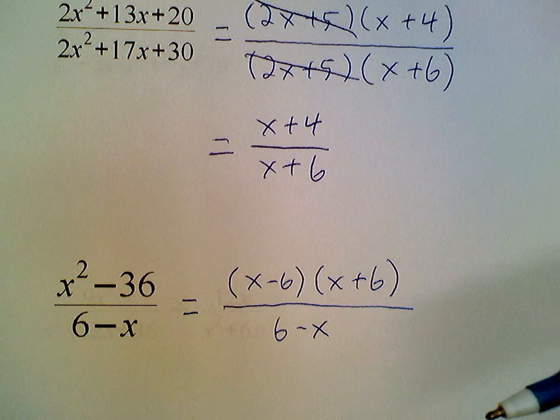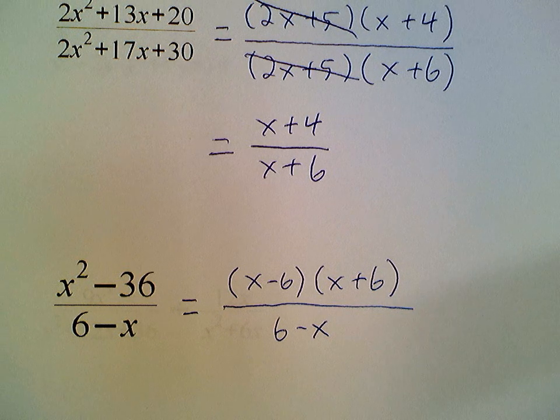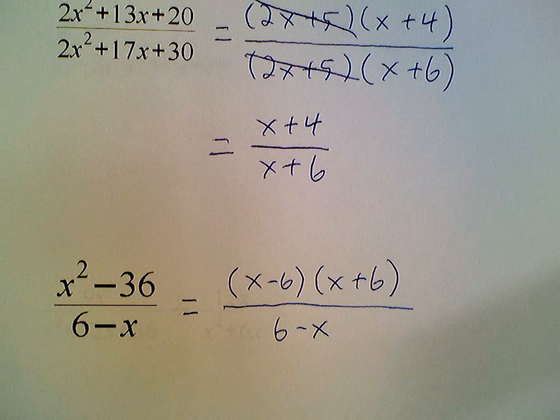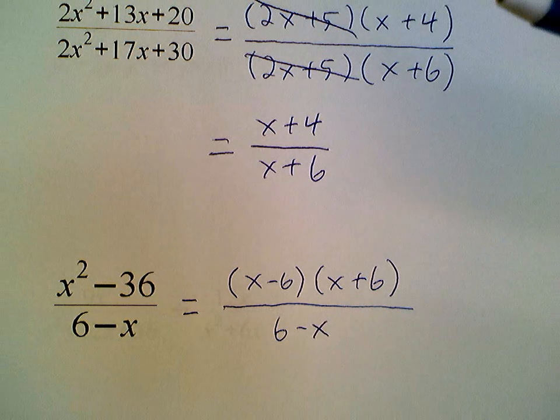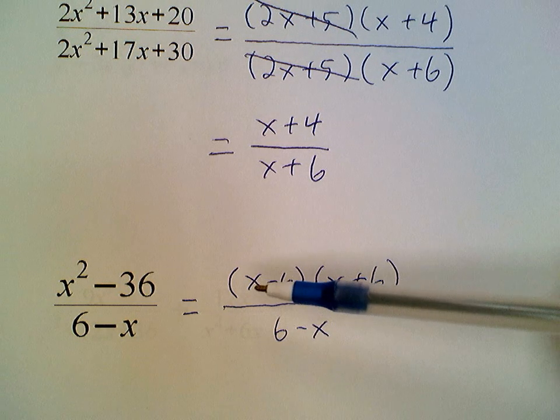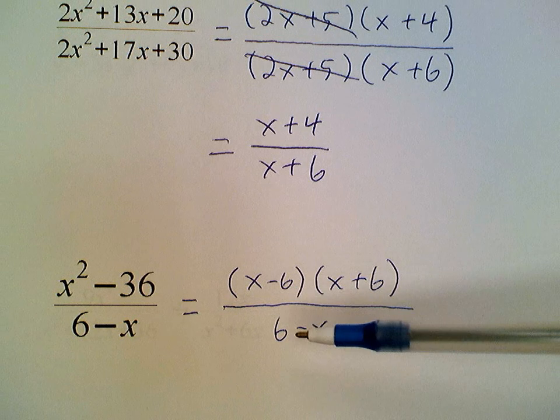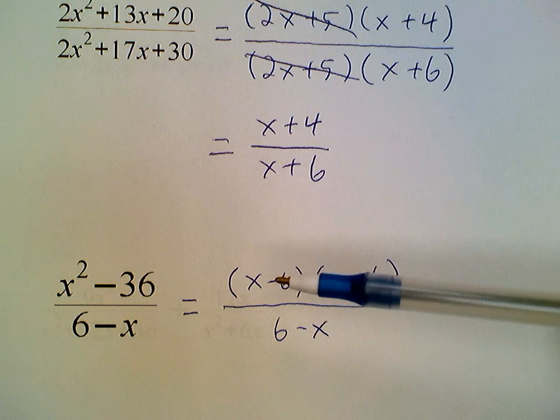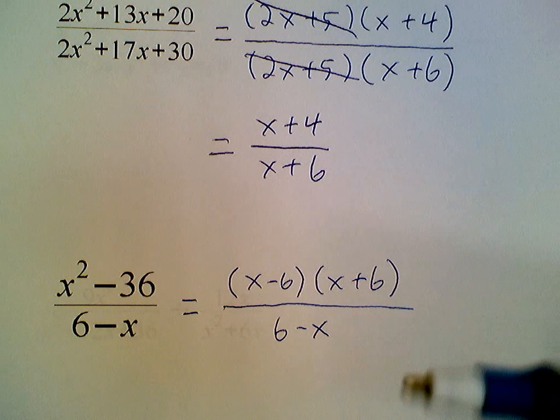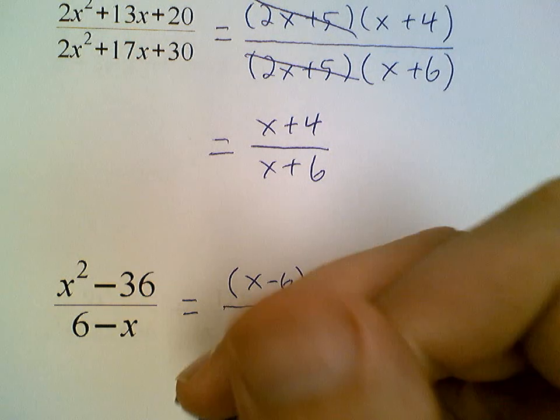Okay, well, what you can do in a case like this is, no matter what, you can always factor out a negative 1 if you want to change the signs of something. So for example, suppose I got x minus 6, but I want it to be 6 minus x, so I can cancel it out with this. So what I can do in the numerator, or you can do this in the denominator also, is factor out a negative 1.